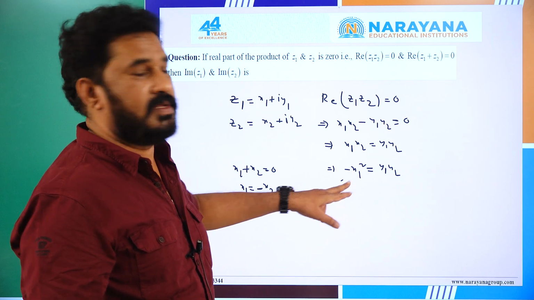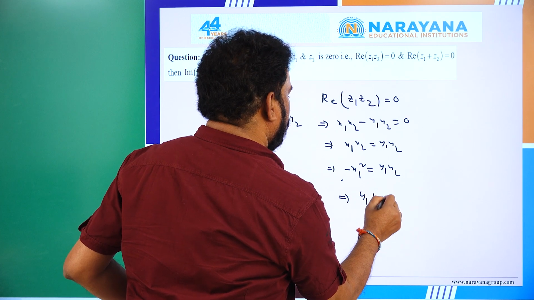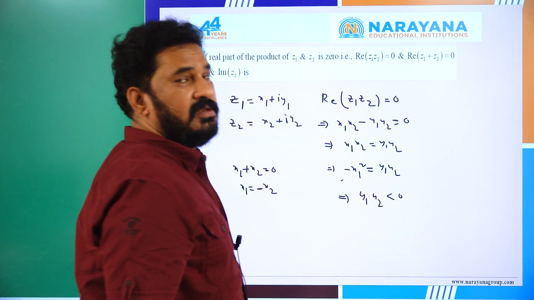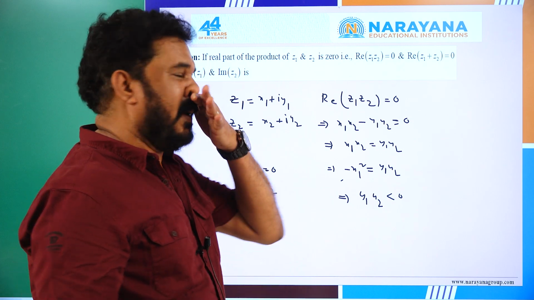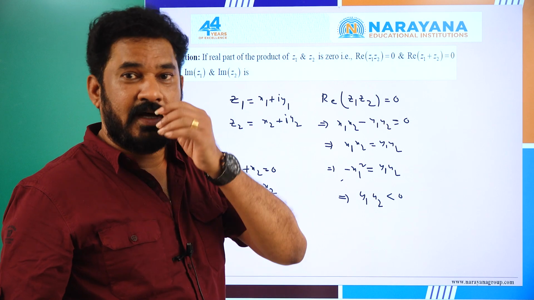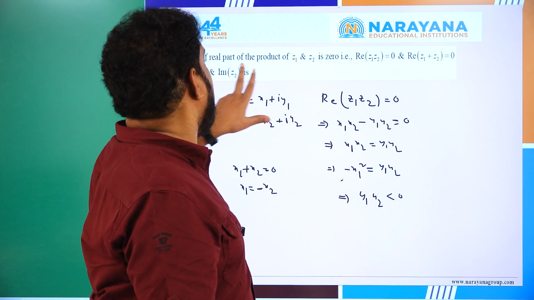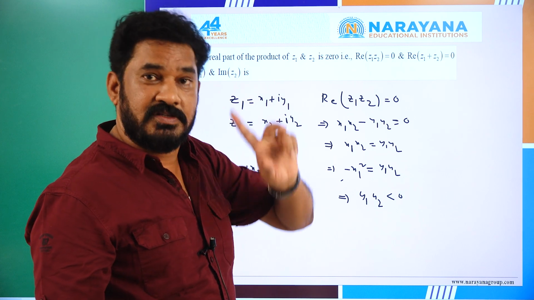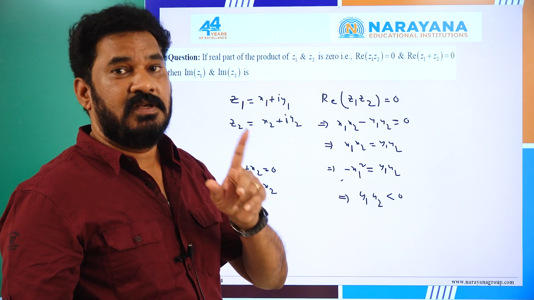So y1 y2 must be less than 0, which means y1 and y2 have opposite signs. You can choose the answer according to the options. So the imaginary parts of z1 and z2 are opposite in sign: one is positive, the other is negative.